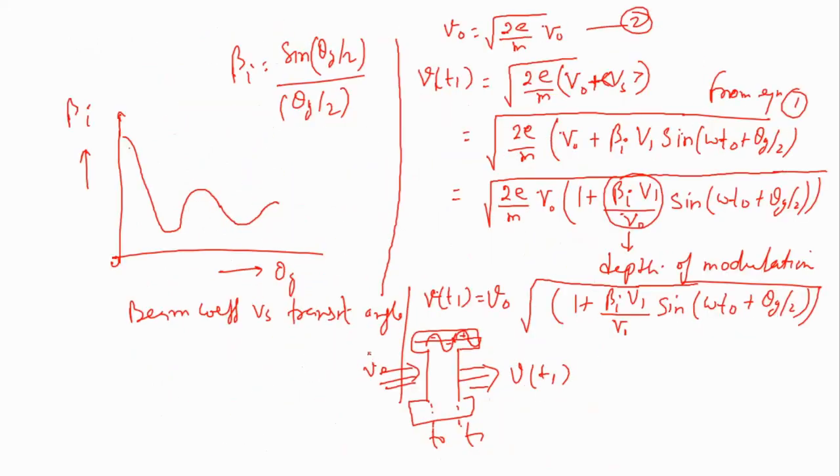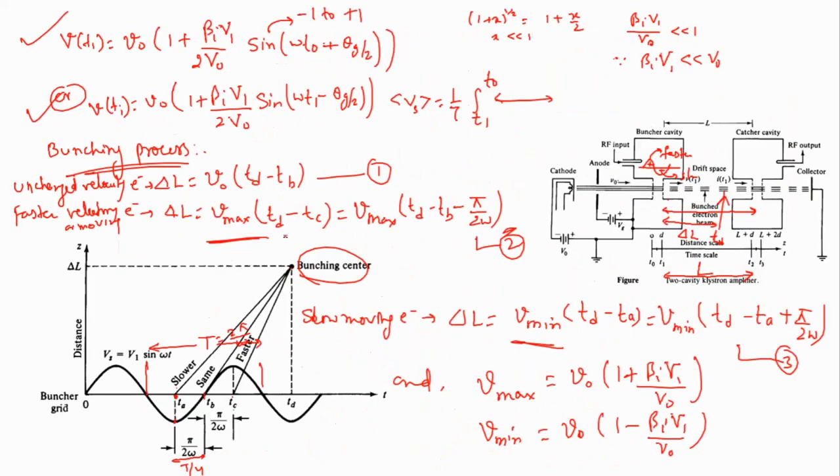So we solved for the velocity equation V of T1. After that we saw how maximum velocity and minimum velocity can be found, so that velocity modulation takes place here, and this modulation is nothing but the velocity being either unchanged or depending on the sinusoidal signal which is applied at the RF input.